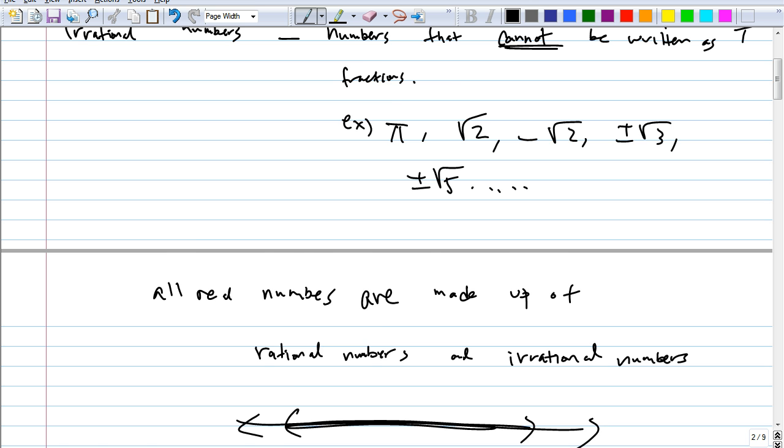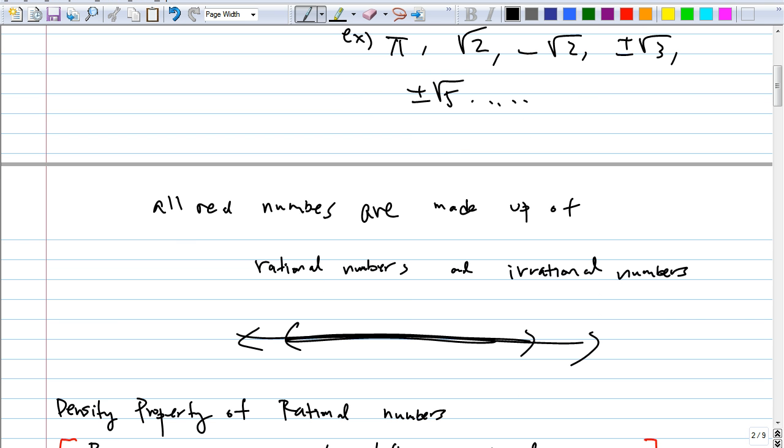So there's a property called density. Write this down: density property of rational numbers. We haven't heard of this before, but the concept you should already know. It actually works for irrational numbers as well, but let's start with rational. What does it mean when something is really dense? Heavy, packed.